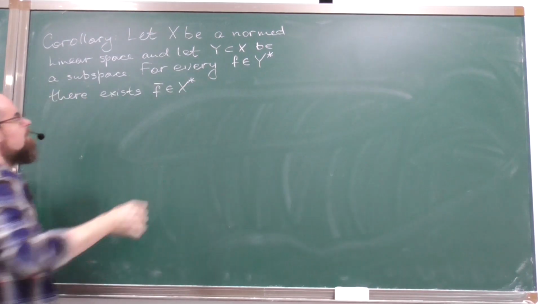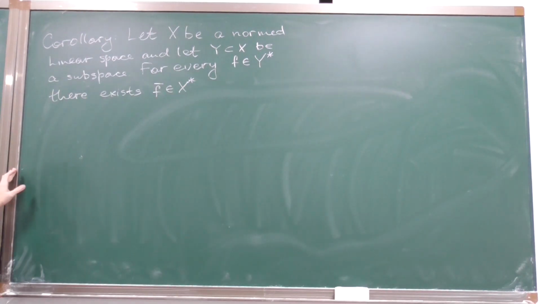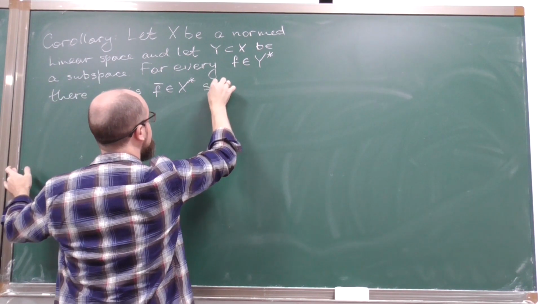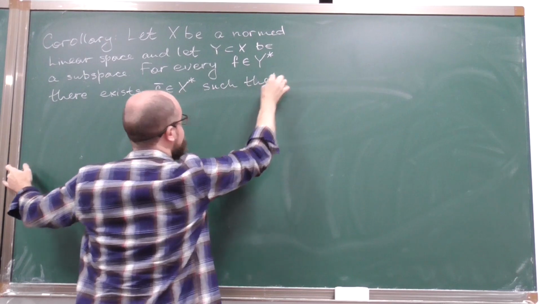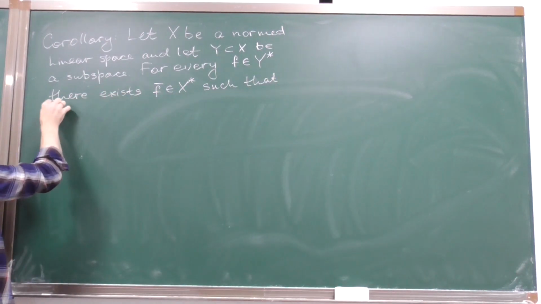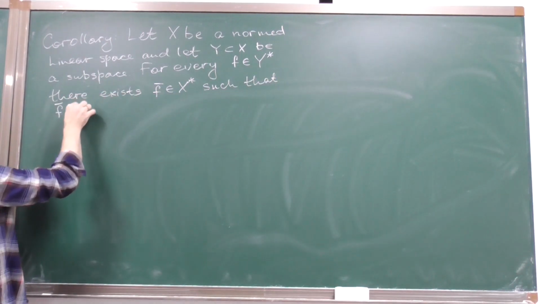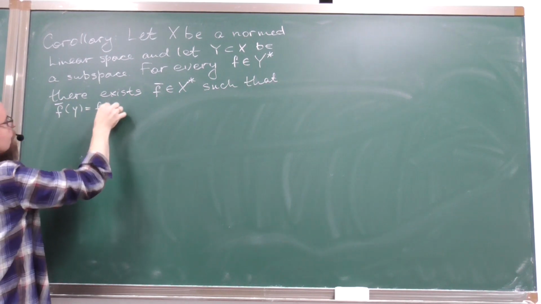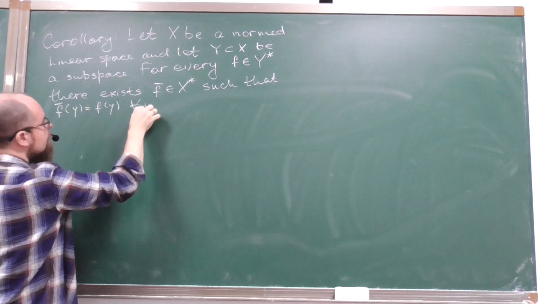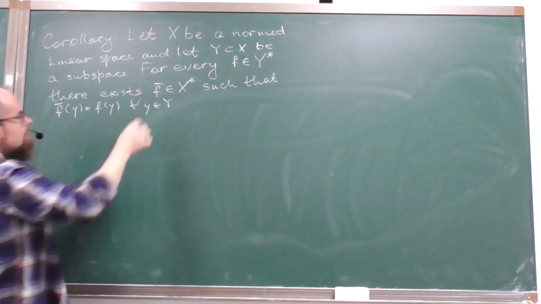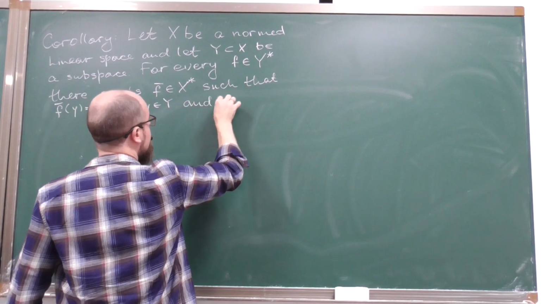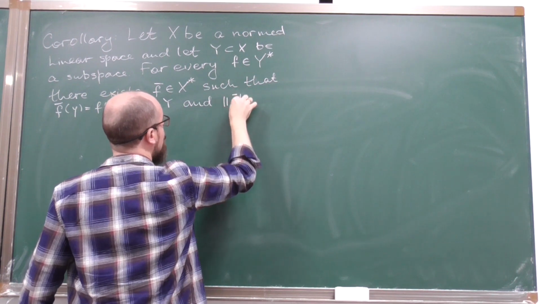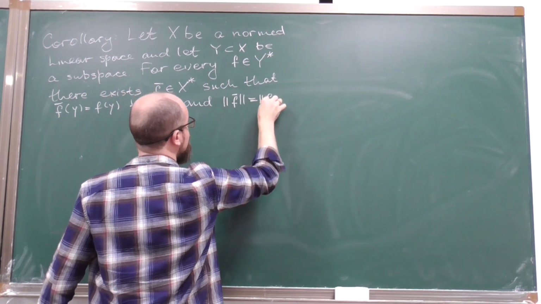So there exists a bounded linear functional f bar on X such that f bar of y equals f of y for every point from the subspace, and the norm of f bar equals the norm of f.